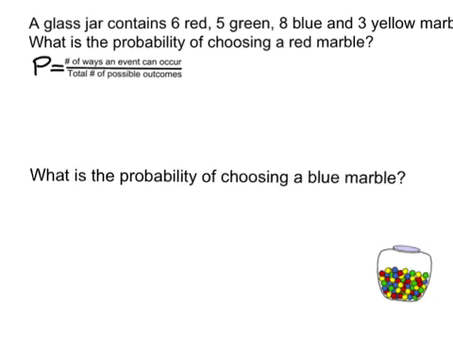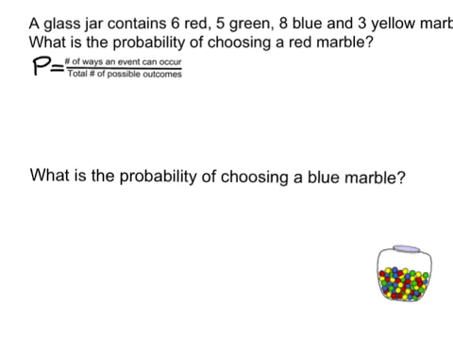So, for example number 3, we have a glass jar that contains 6 red, 5 green, 8 blue, and 3 yellow marbles. We want to know the probability of choosing a red marble. How many different ways can we choose a red marble? If we have this jar of marbles and we're looking for the red marbles, how many different ways can we pull out a red marble?